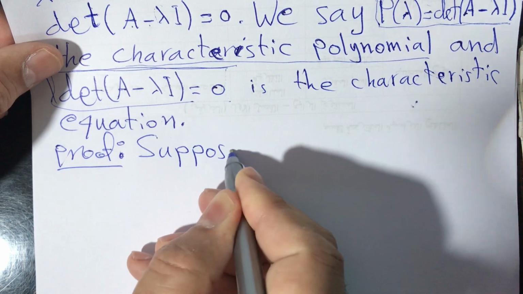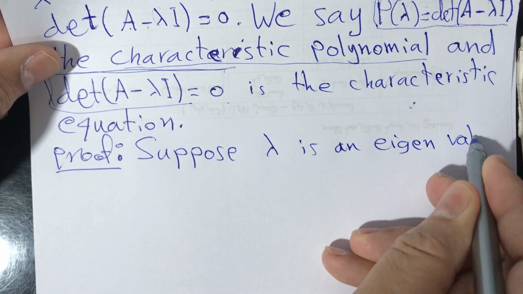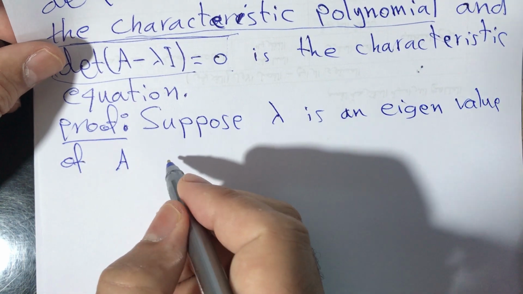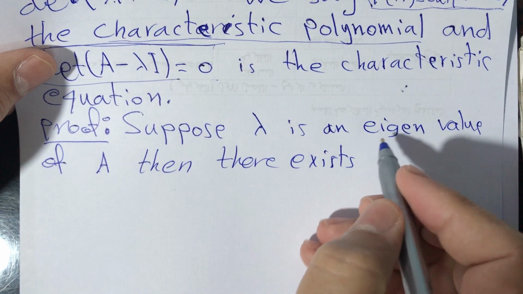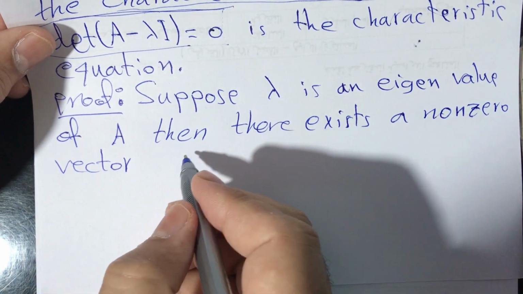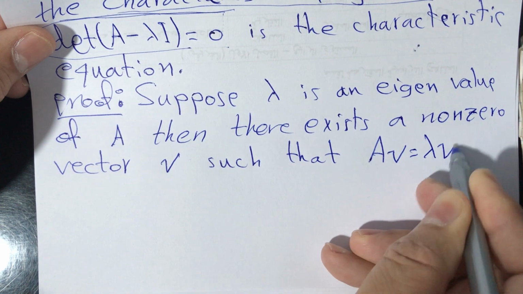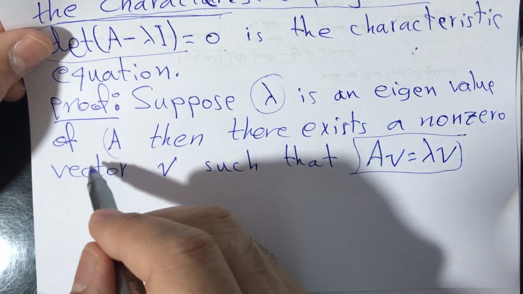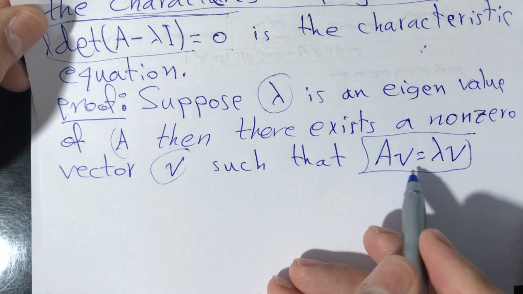Suppose lambda is an eigenvalue of A, then there exists a non-zero vector V such that AV is equal to lambda V. This is by definition.